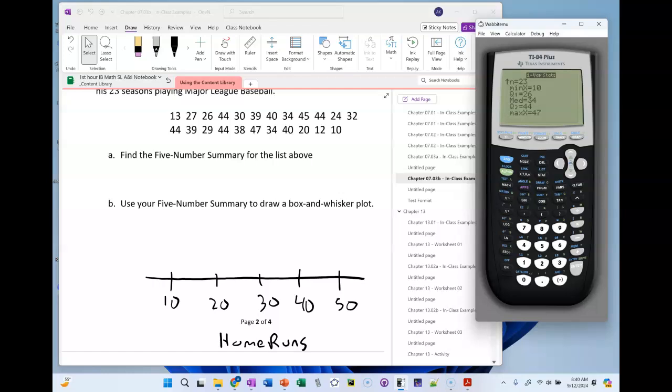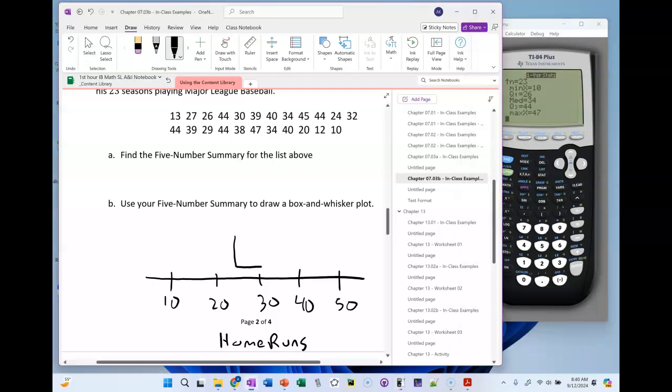So I'm going to build my box from 26 to 44. And I usually like to write the measurement above the thing. And then my median is the line in the middle. That's at 34. And then my whisker out to 10. And my whisker out to 47.